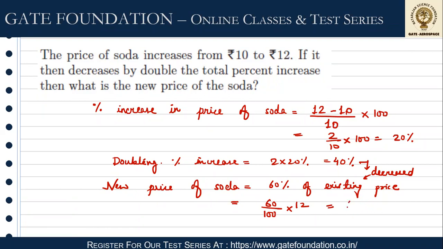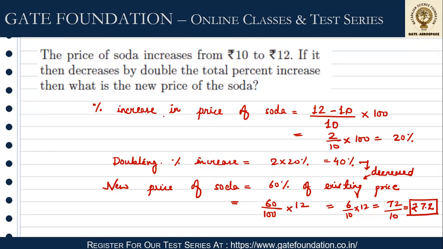Let's keep it 6 by 10 into 12. 12 into 6 is 72. 72 by 10 becomes rupees 7.2. So the latest price, the existing price or new price, is 7.2.